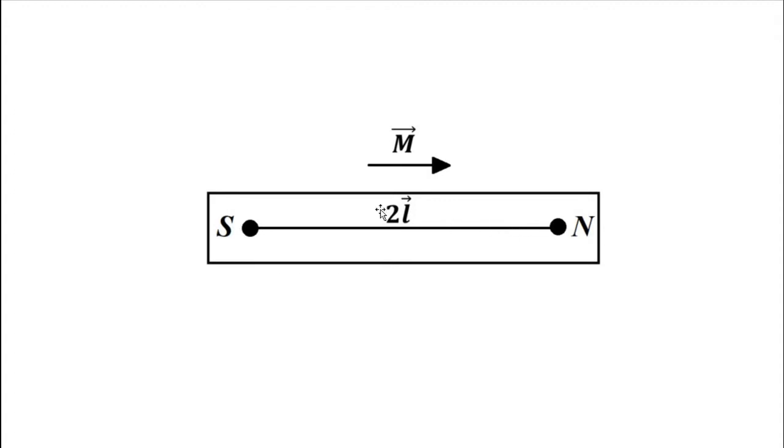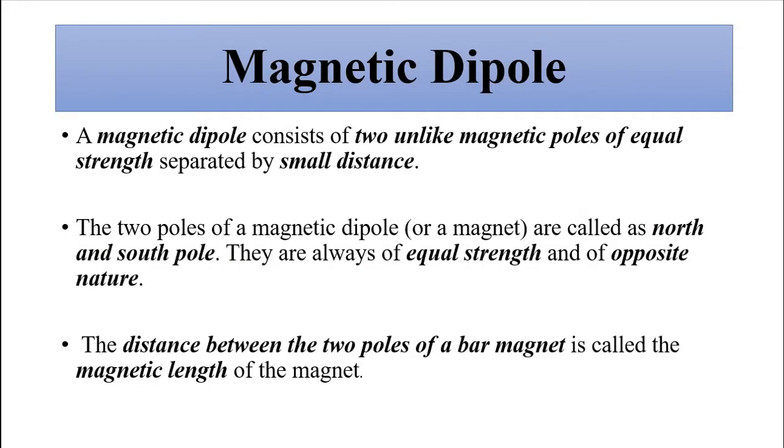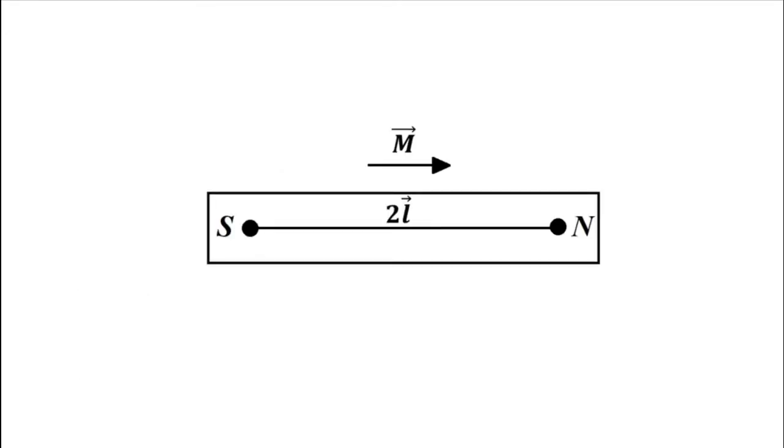Okay, so the fixed distance they are separated by is given by 2L, that L vector, and the pole strength, which has the unit of ampere meter, they are of equal magnitude but opposite nature. Okay, south north as it is. So here, the distance between the two poles, 2L vector, is called the magnetic length of the magnet.